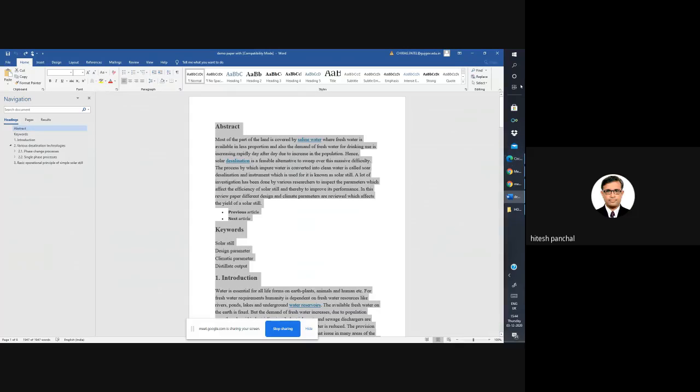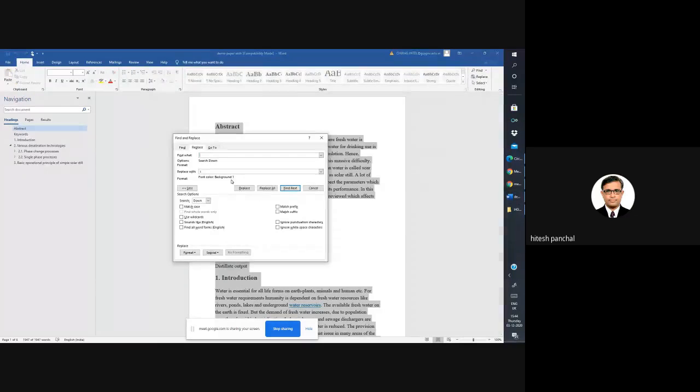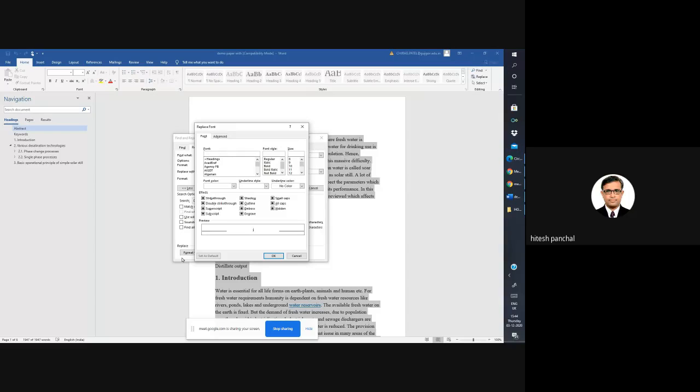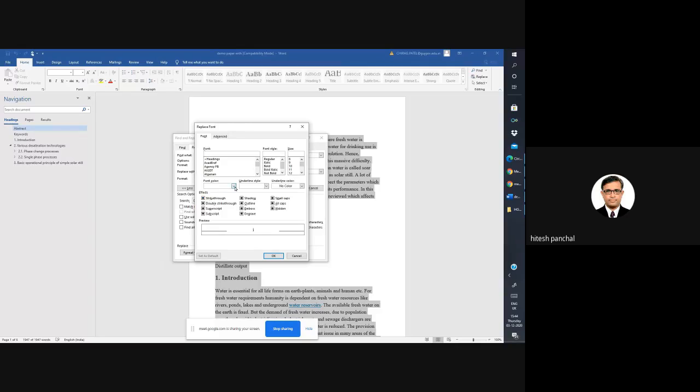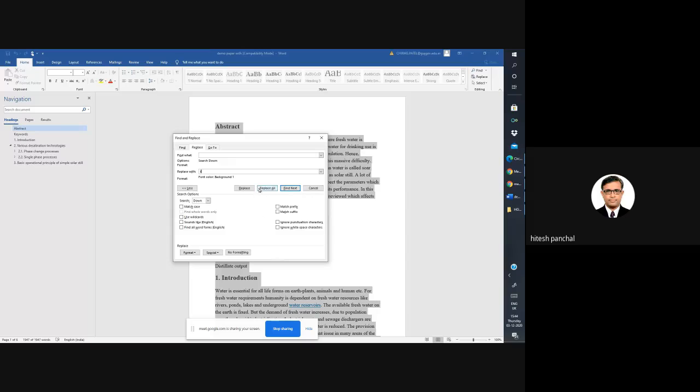Here you can see, find and replace. I'm writing I, then giving font, then giving font color white, and then applying replace all.